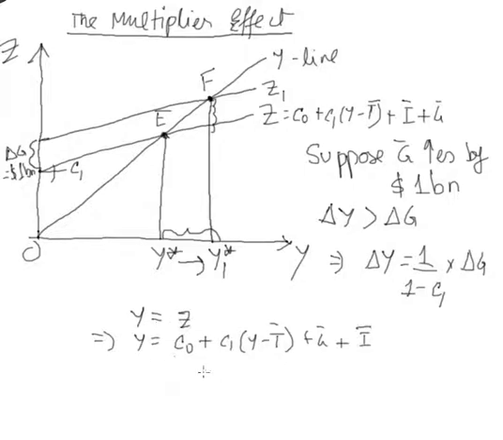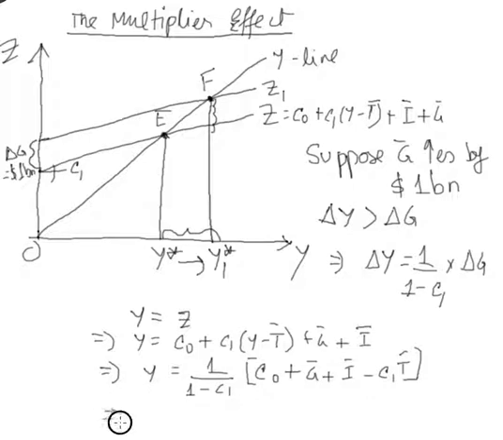If you manipulate this equation a little bit, you can express it as Y equals 1 over 1 minus C1, and then all the autonomous spending in the bracket: C0 plus G bar plus I bar minus C1 T bar. So when G is changing, other things remaining constant, there is no change in these other exogenous variables, so you can set the change in them equal to 0, and so you get delta Y is equal to 1 over 1 minus C1 times delta G.